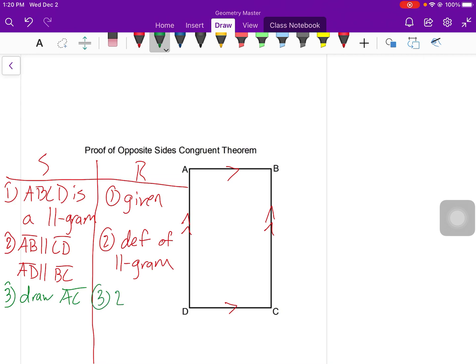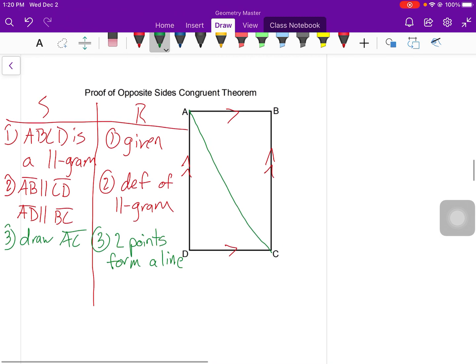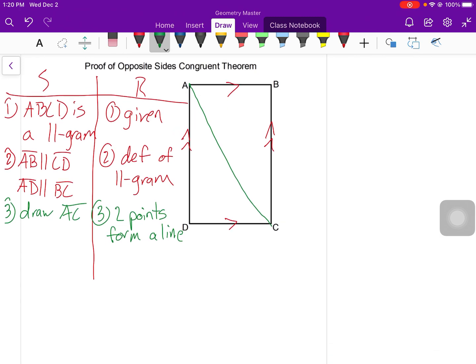The reason we can do that is between any 2 points, we can draw a line. 2 points form a line. Now the benefit of doing that is now I've split this thing into 2 triangles. So now I can use all of my theorems that we talked about previously. So I would start with segment AC is congruent to segment AC by the reflexive property. So I've got that right there.